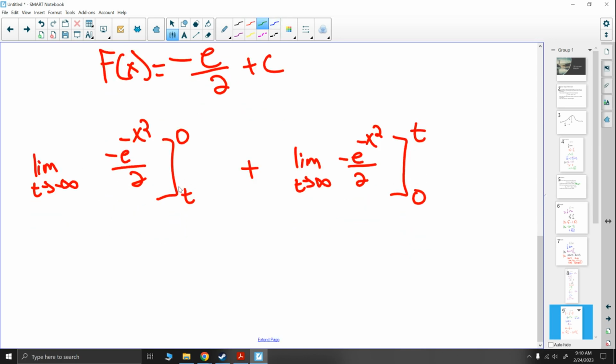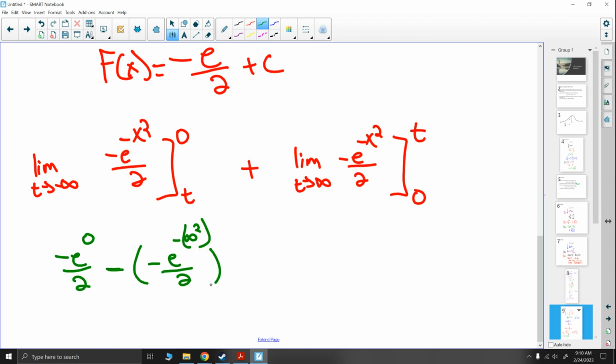Okay, so let's go ahead and take a look at this. 0, okay, that's negative e to the 0 over 2 minus negative e to the negative infinity squared over 2. Okay, keep in mind that this thing is being squared first. The square happens first before this.